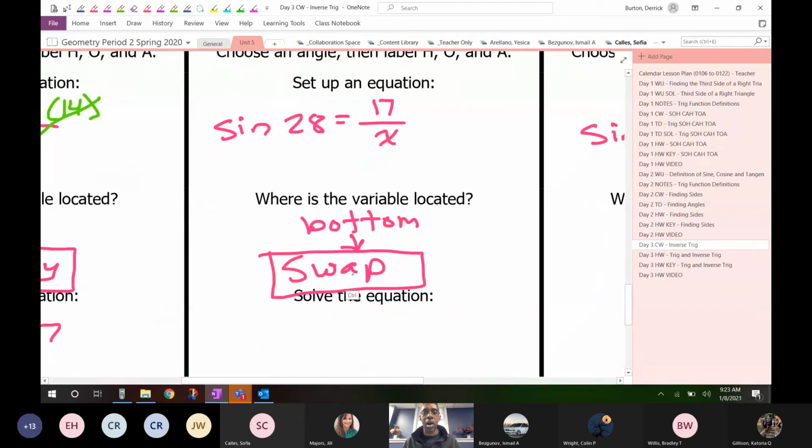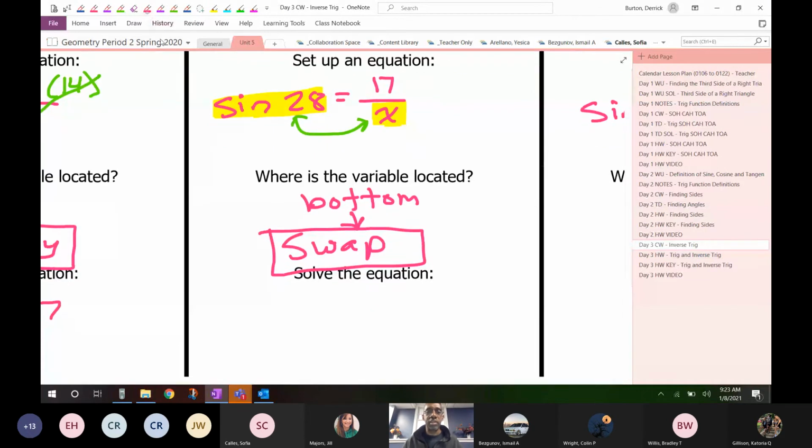When we say swap, swap means we're going to take the x and the sine 28, and we're going to trade places with them. Okay, so that's going to give us x equals 17 over sine 28.